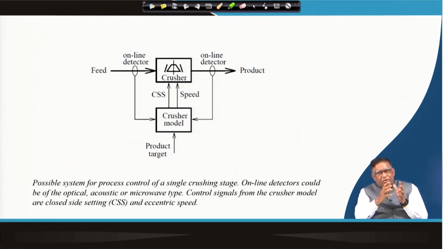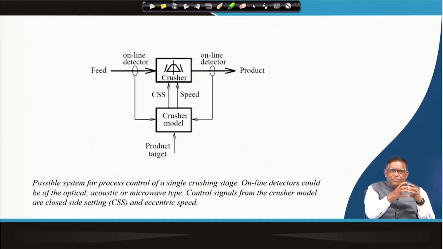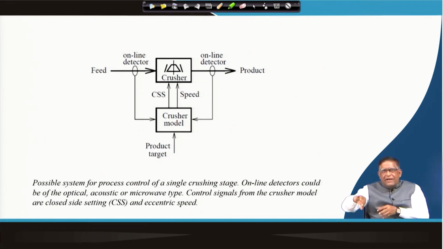There you can have an online detection system for knowing the size and how much quantity of material is coming in, and then on the outside, where it is going, you find the size and how much material is going out. A material balance will have to be maintained. If the total quantity of material, the total cubic meters coming in, then whatever is going out, the cubic meters will increase.